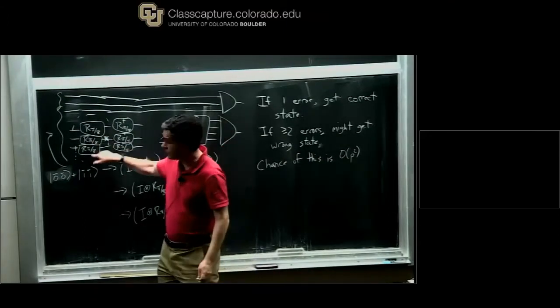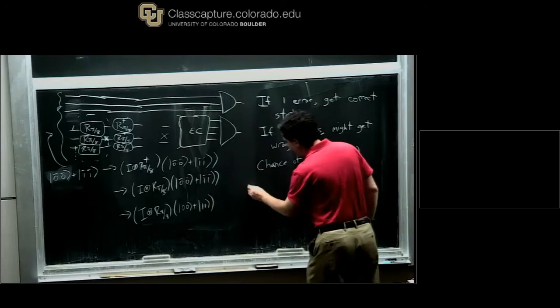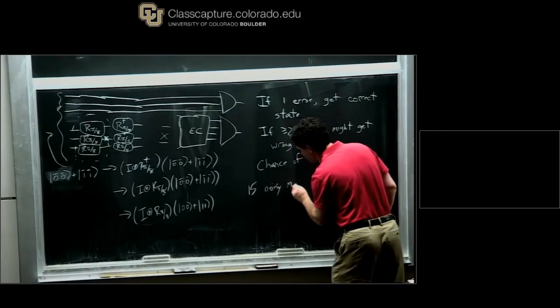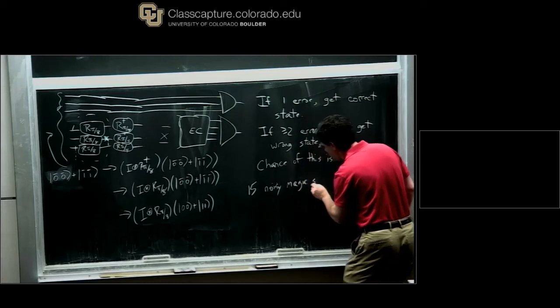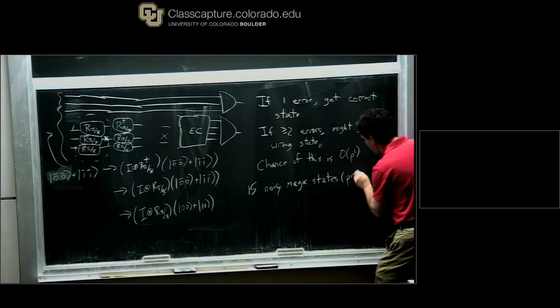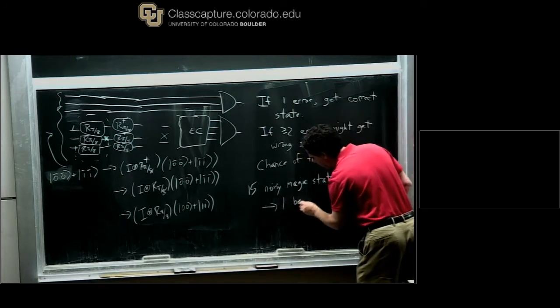If we implement each of these via magic state injection, we can start with 15 noisy magic states with error probability p each, and get out one better magic state.